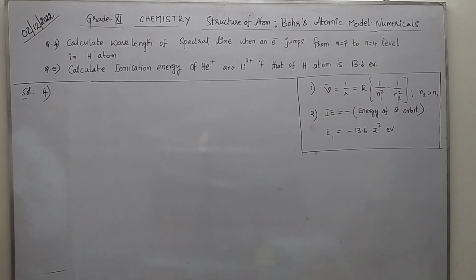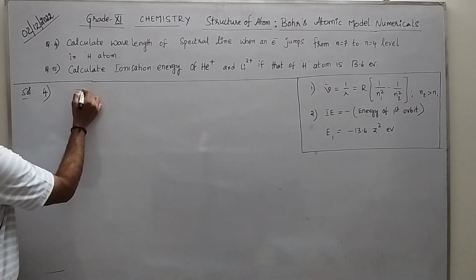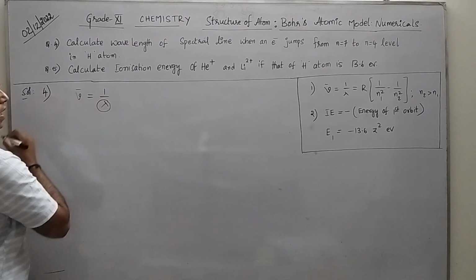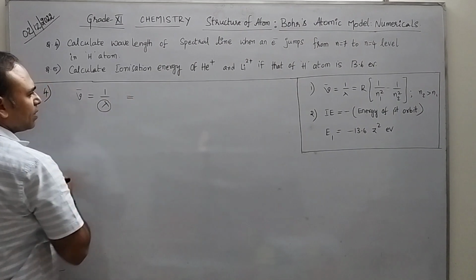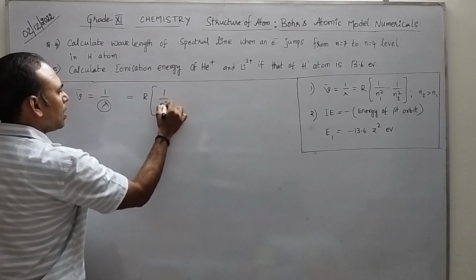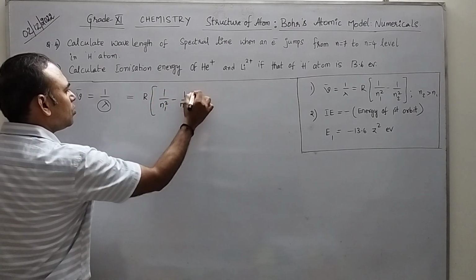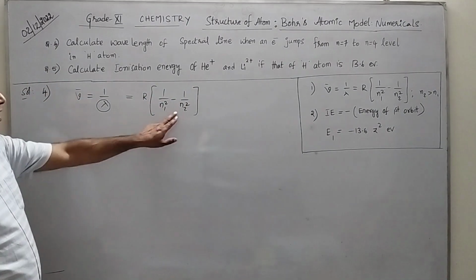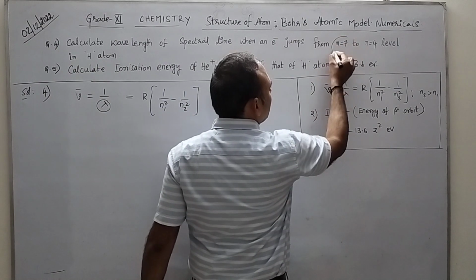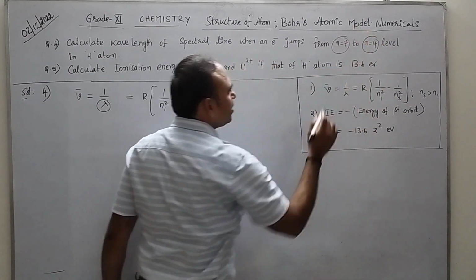Now question number 4, I'll give the solution. Wave number is equal to 1 by lambda. They are asking to calculate the lambda value. First let us see, wave number is equal to R into 1 by n1 square minus 1 by n2 square. Here always the value of n2 is greater. They have mentioned from n is equal to 7 to n is equal to 4.